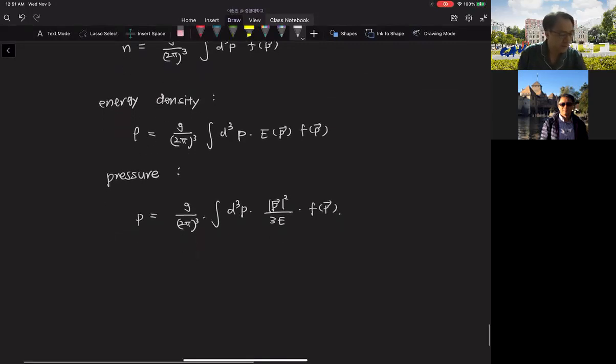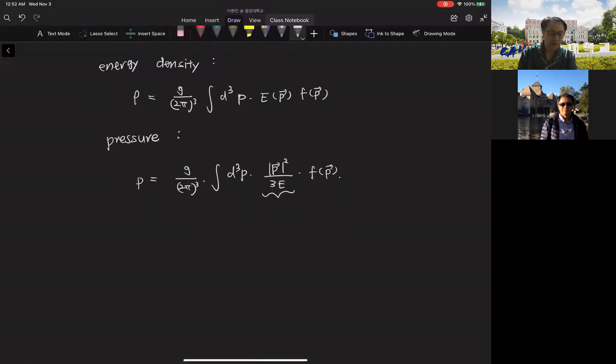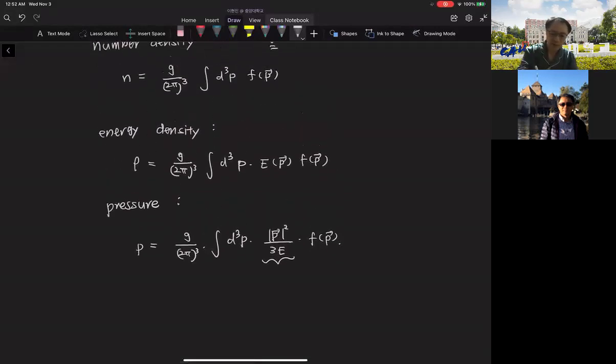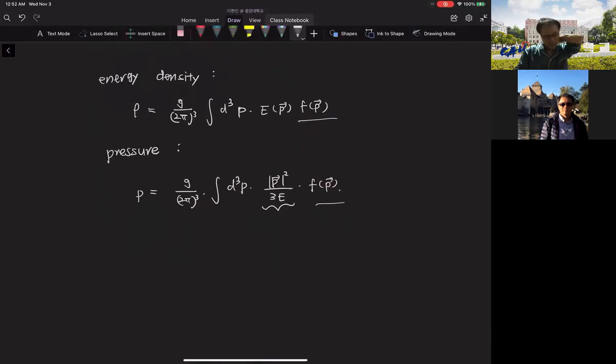So in principle we can integrate over the phase space distribution with some weight factor, and then the calculation will be more or less straightforward.